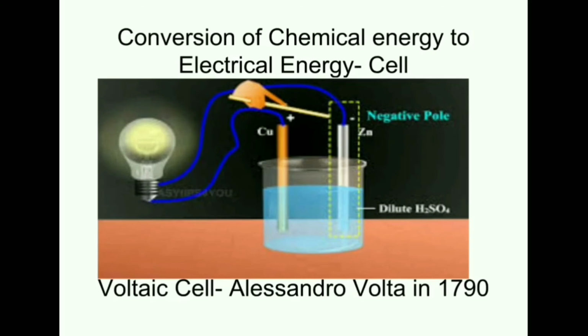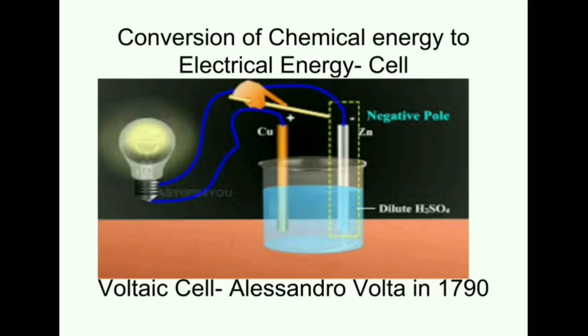So it was an Italian scientist, Alessandro Volta, who gave us the first practical source of such a conversion of energy in the year 1719 in the form of a cell, which is called a Volta cell or voltaic cell. In this cell, he gave us an idea that electric energy can be generated at the expense of chemical energy.